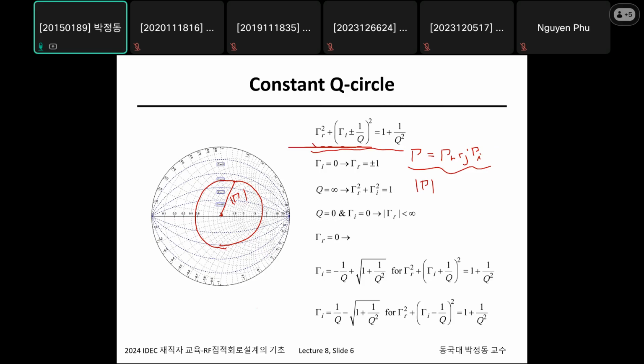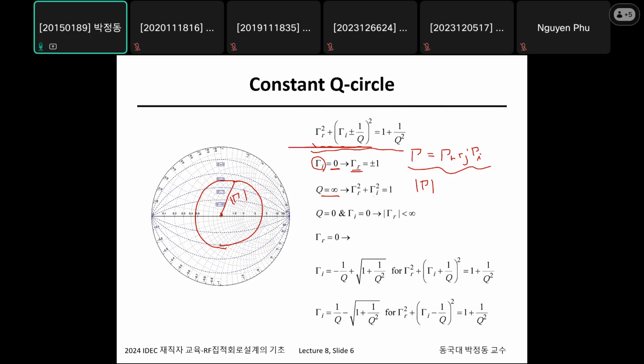If Q is 0, then gamma real part can be plus minus 1. If Q is infinite, then total gamma must be 1.